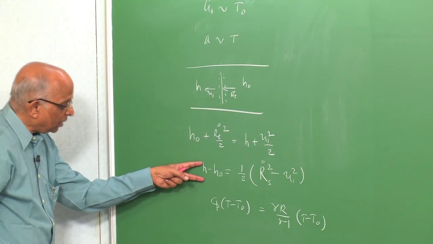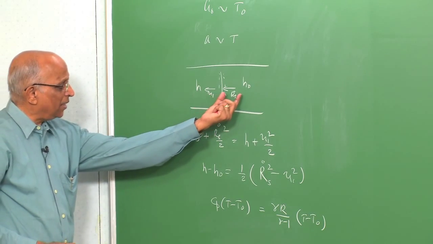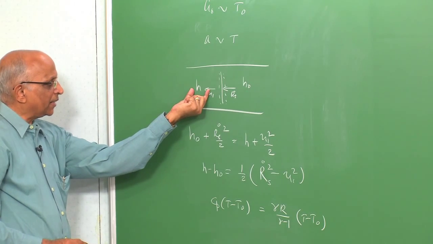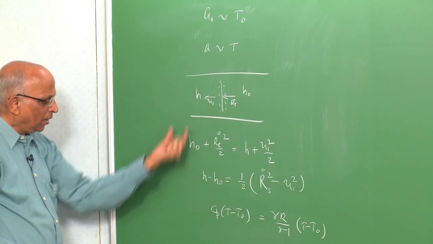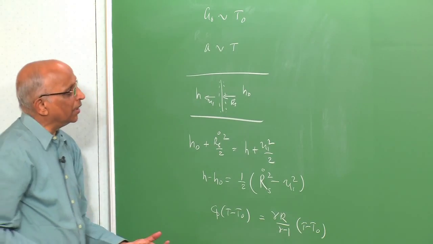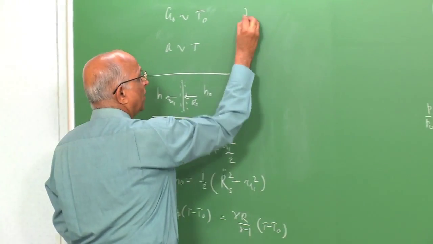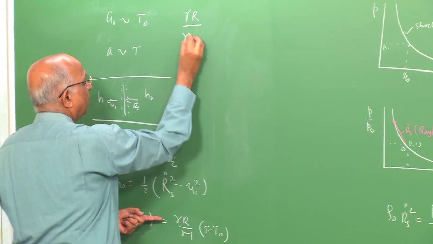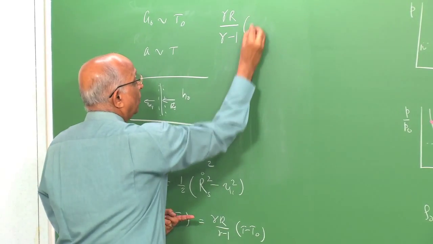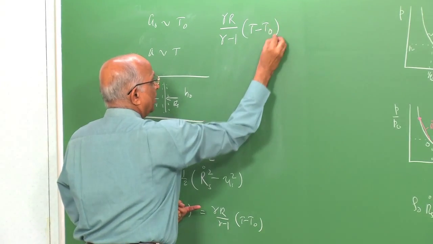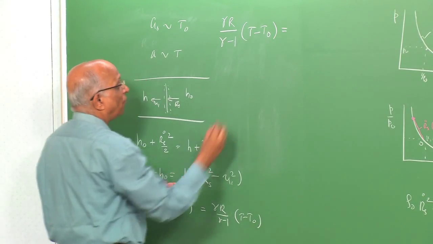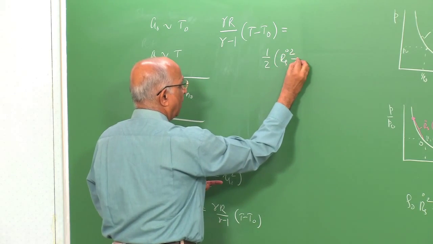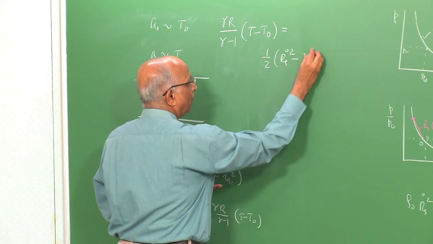Therefore this equation, which balanced the enthalpy and kinetic energy ahead with the enthalpy and kinetic energy after the shock, gives the equation in the form, let us put it down before I solve it: gamma R divided by gamma minus 1 into T minus T0 is equal to half into Rs dot square minus u1 square.